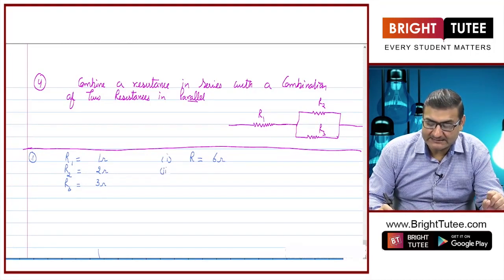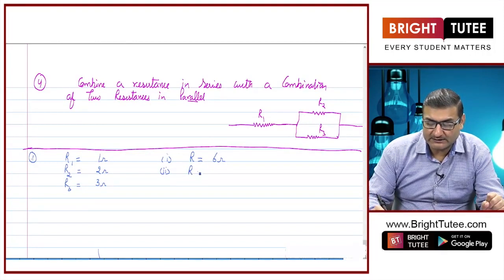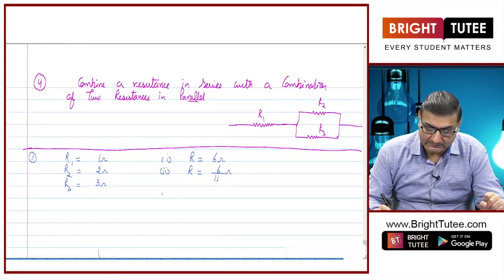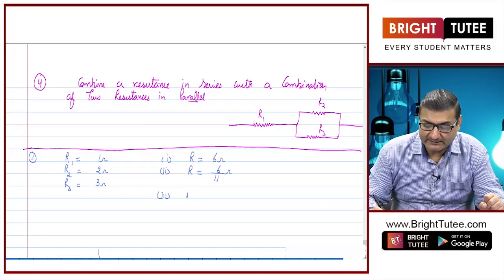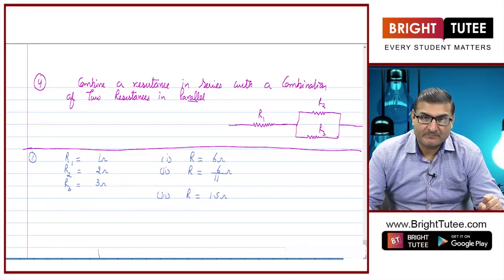The second question he will be asking is, you have to combine them in such a way that the total resistance comes out to be 6 by 11 ohms. And the third option he will be asking is, combine them in such a way that the total resistance should be equal to 1.5 ohms. Right?